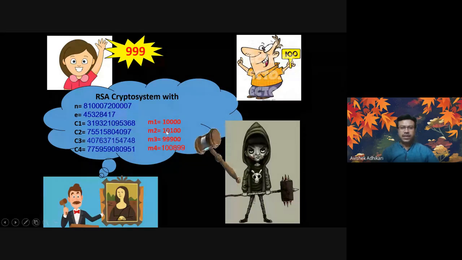Now can you tell me what this value is? This was 10,000 and this is 10,100, and this is 99,900, but this is 1,0899. So can you guess how much bigger this value is, or how much bigger that value is?